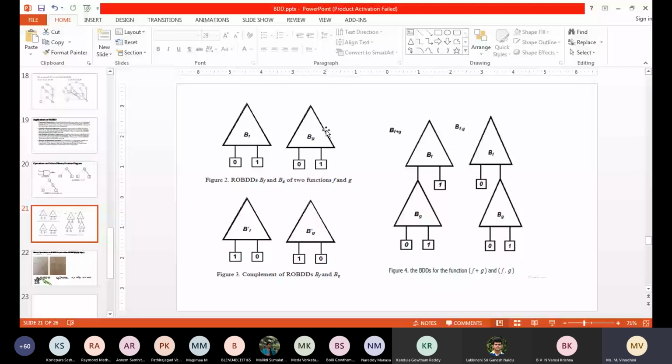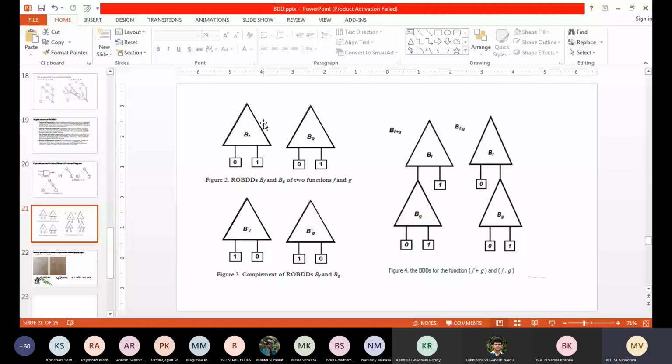So this is the ROBDD of the function F, and this is the ROBDD for the function G. There are two functions F and G, and their corresponding ROBDDs are represented in this diagram. Now, this is my BF, the ROBDD for the function F.